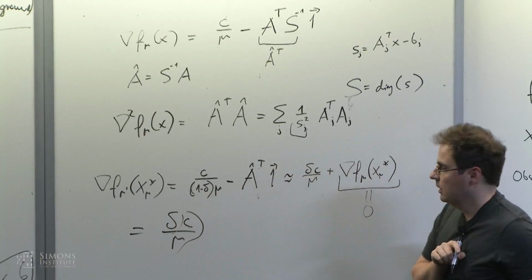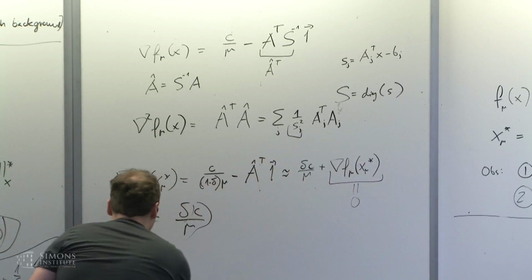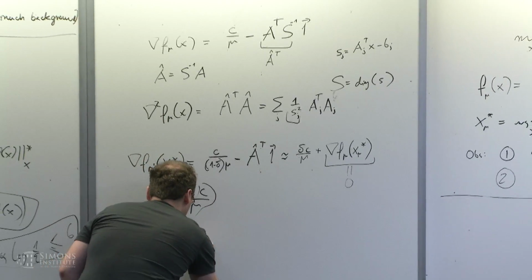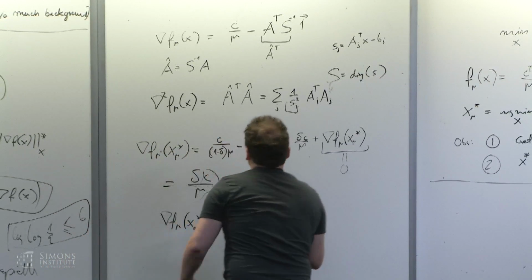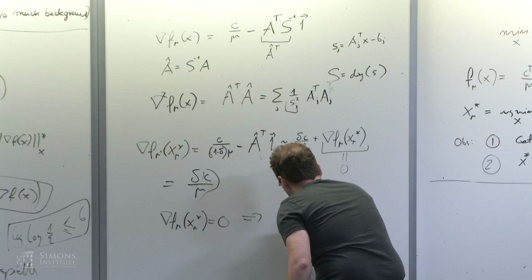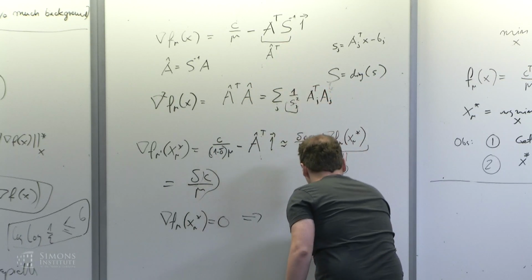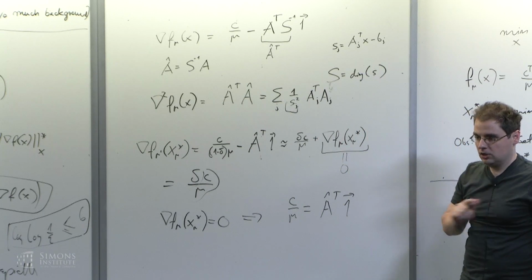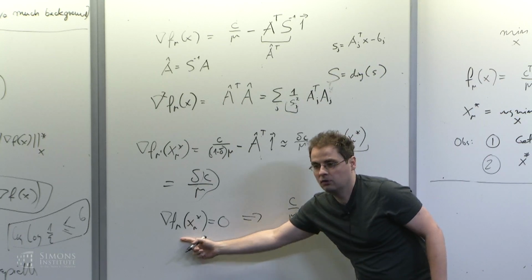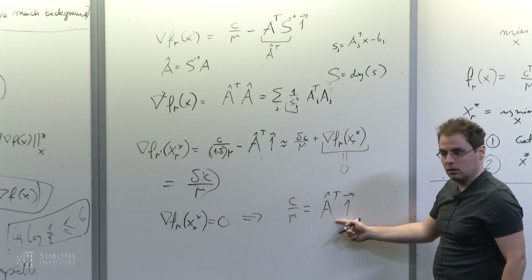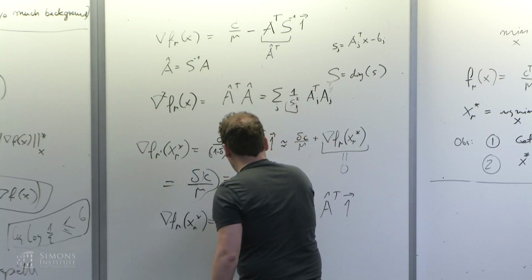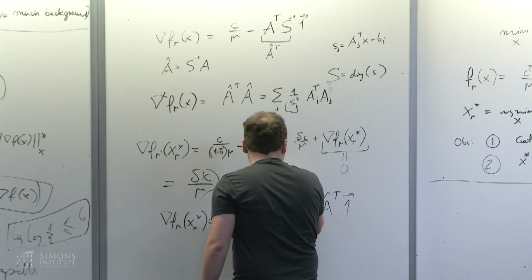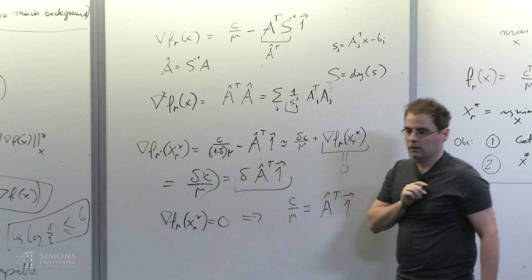Since this gradient is 0, it also means, if I look at the definition, that C over mu is equal to A hat transpose times the all-ones vector. That is just what it means for this gradient to be 0. So the gradient that I have here is exactly delta A hat transpose times 1.